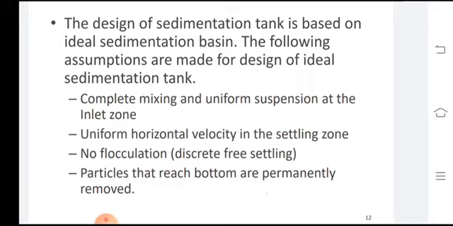First is complete mixing and uniform suspension at the inlet zone, then uniform horizontal velocity in the settling zone. There is no flocculation considered in this case because we are only talking about discrete free settling. While talking about flocculation, we have already discussed a phenomenon about the higher density of the particles due to the flocculants.